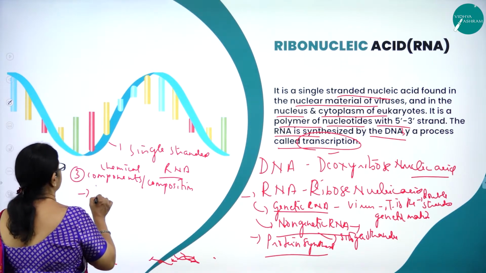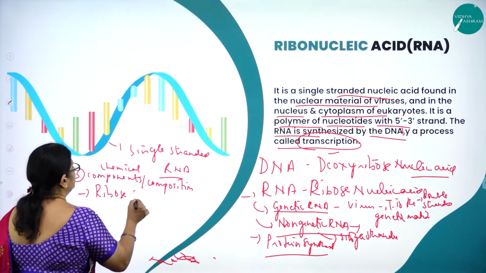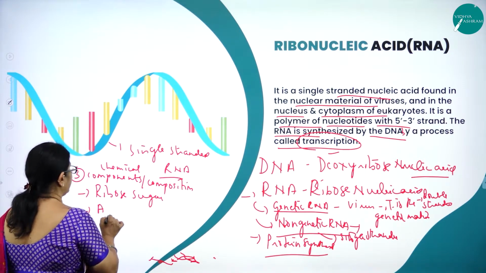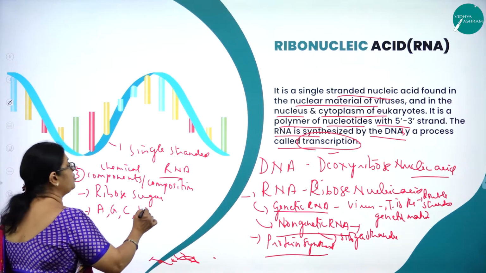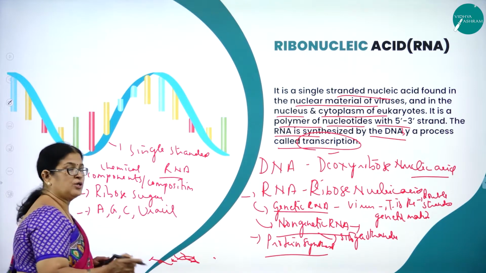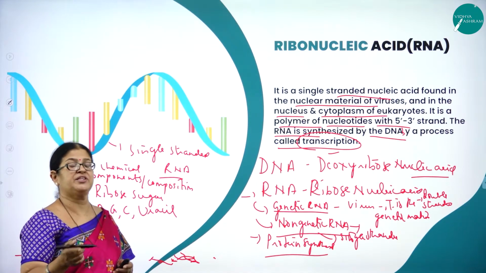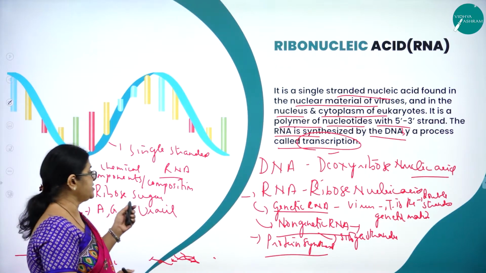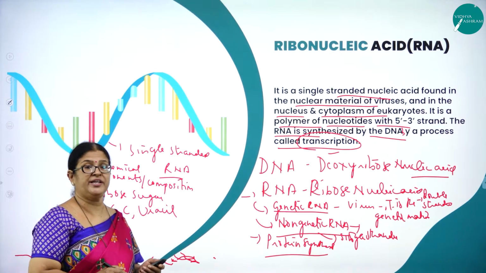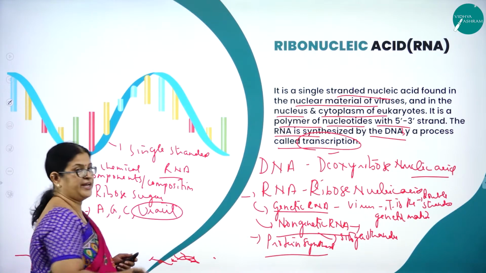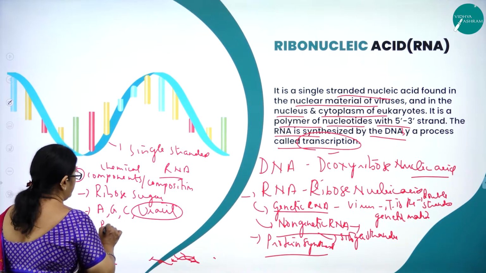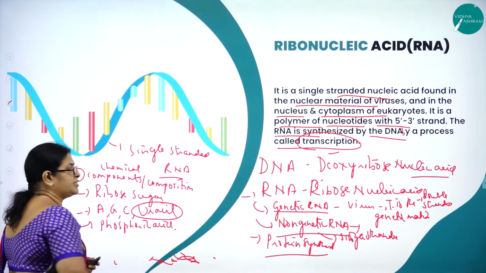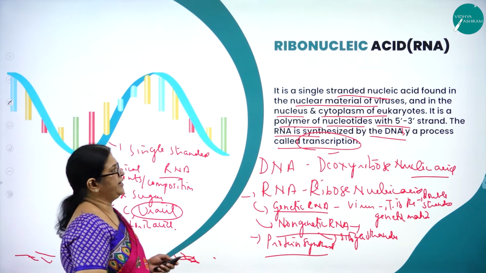Then the nitrogenous bases are A, G, C and U. U stands for uracil. The thymine of DNA is replaced by uracil of RNA. And it also has phosphoric acid. So that is about the RNA.